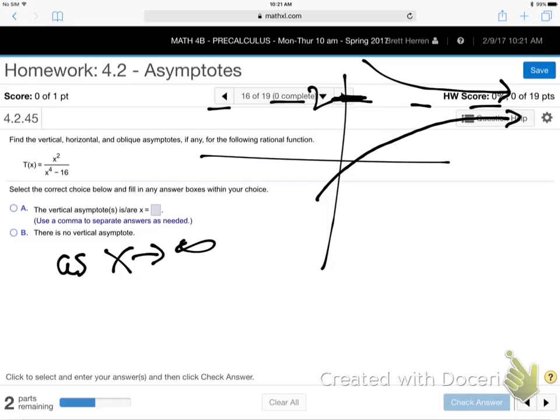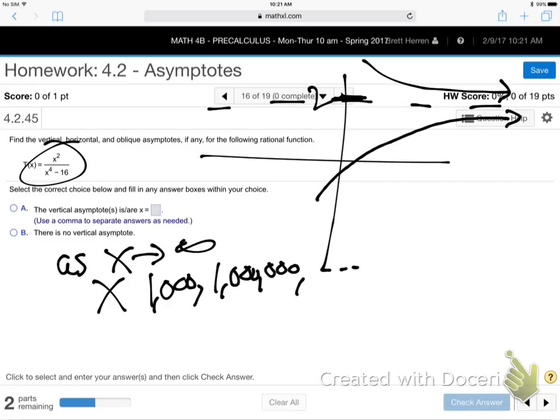So you're really asking the question, what's going to happen to this fraction as I let x be really big numbers, like 1,000, a million, a billion, etc.? What's this fraction going to do? Well, do you see it's all about the relative power of the top and the bottom?